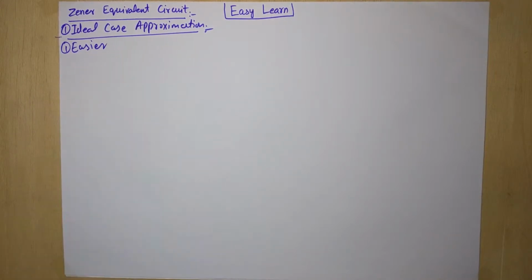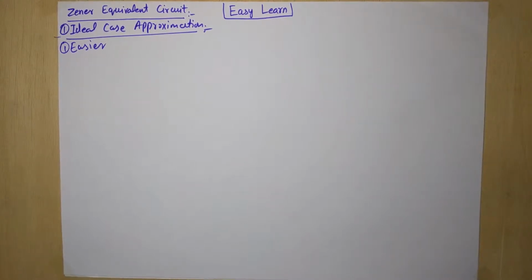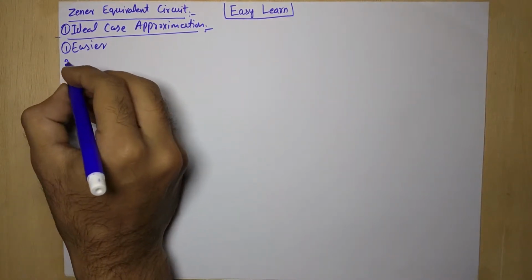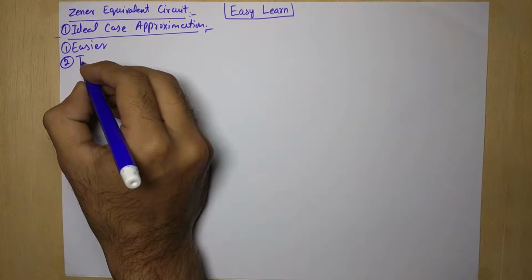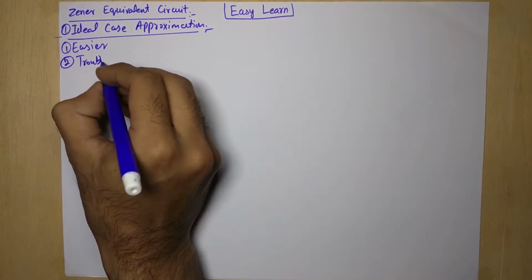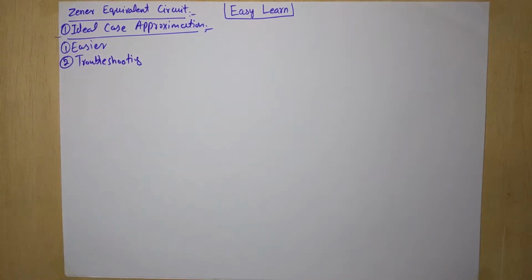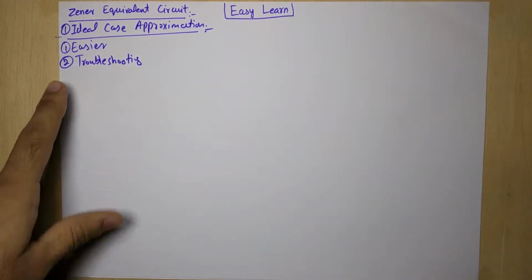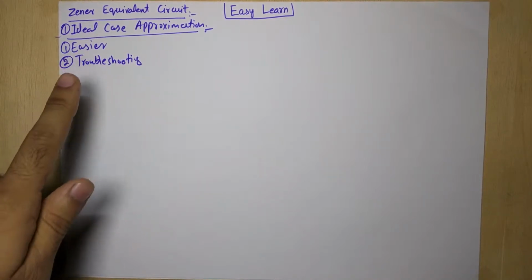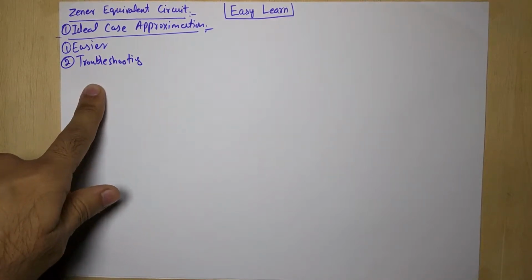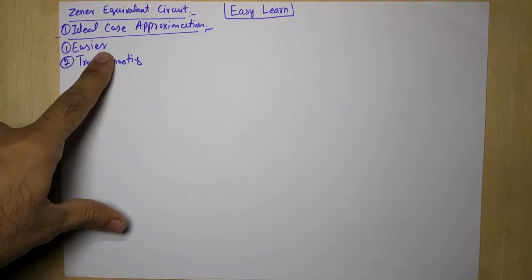Number two, and important right now, is troubleshooting, and troubleshooting is also much easier. So for most circuit analysis it's easier, and its troubleshooting work is easier to learn.